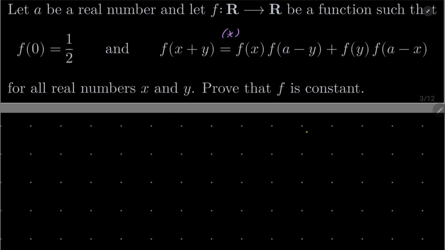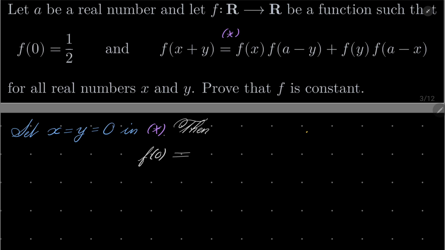Okay, so as I suggested, let's start with setting x and y to be 0 in our condition asterisk. Then we have the following: f of 0 equals f of 0, f of a plus f of 0, f of a.